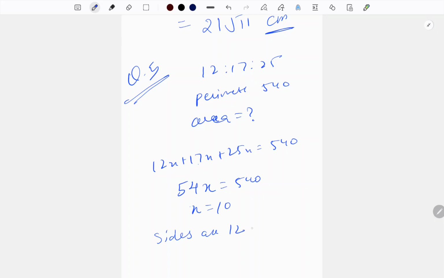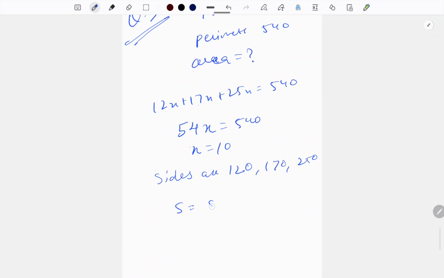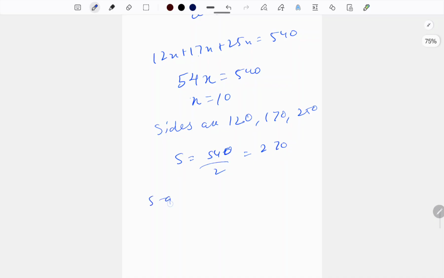120, 170 and 250. Now S is equal to 540 by 2 is equal to 270, and S minus A will be 270 minus 120, S minus B will be 270 minus 170 is 100, and S minus C. This will be 150, 100, and 270 minus 250 is 20.